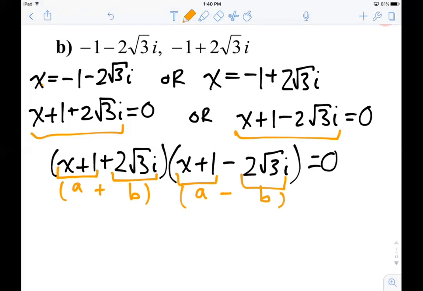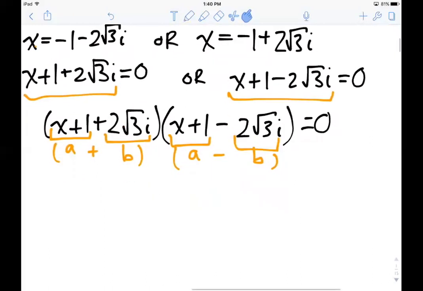What does this mean? Well, even though it looks really weird, what we actually have here is not just any old factored form, it's a factored form from a difference of squares situation. And so the non-factored form of a difference of squares is where we actually have the difference of squares happening. In other words, we take the square of A and the square of B, and we subtract them.